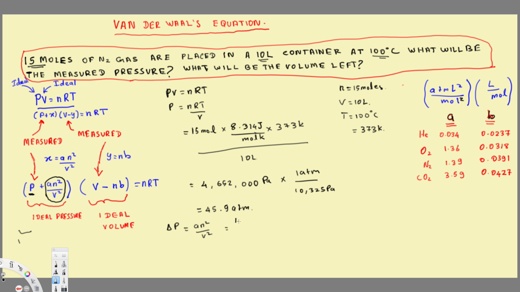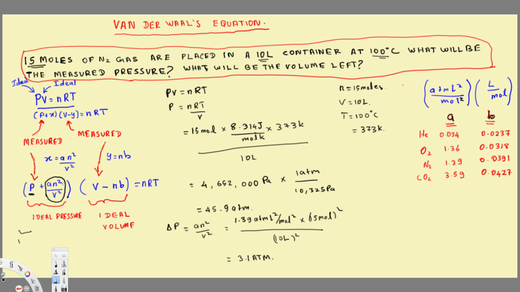This is going to be 1.39 atm liter squared per mole squared, multiplied by the moles squared, that is 15 moles squared. In the bottom we are going to have the volume, that is 10 liters squared. That's all we have to do. If you calculate this value, this will give you 3.1 atm.